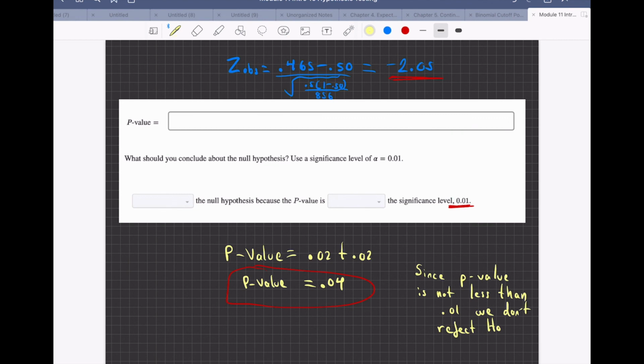And this is what you have to put here. P-value 0.04, the null hypothesis, here you have to put do not reject. Since the p-value is greater than.